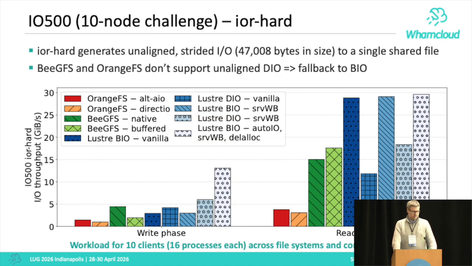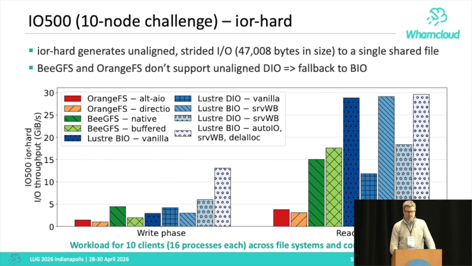Right, so the first experiment that I wanted to highlight is IOR hard, right? So IOR hard is, once again, a strided I/O workload, as I showed before, writing to a single shared file, and part of the IO500 challenge. The workload here was we're using 10 clients with 16 processes each, so 160 overall. And I want you to focus here on the blue bars, right?